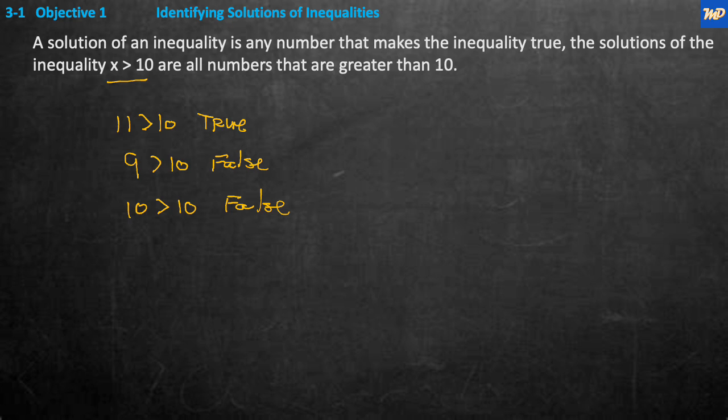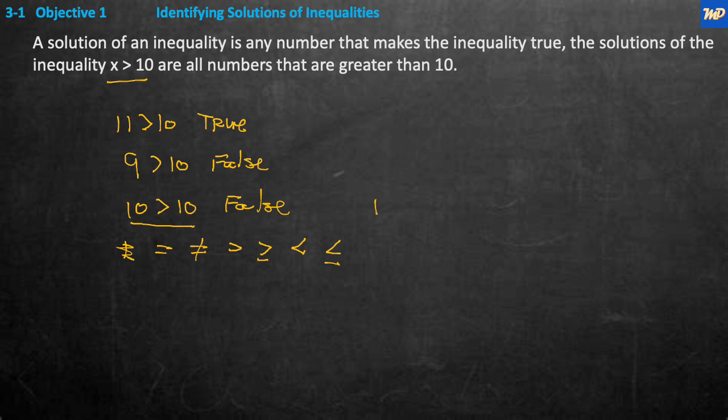So basically we have 6 symbols, right? We have equal to, we have not equal to, we have greater than, greater than or equal to, less than, and less than or equal to. Now, for 10 greater than 10, that's false.